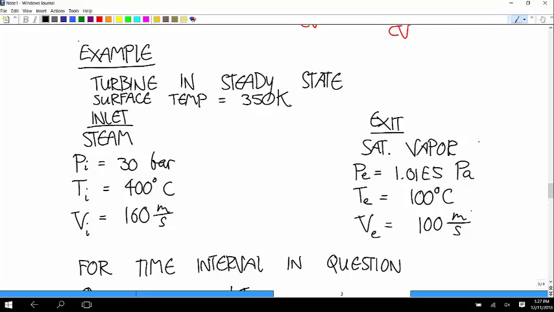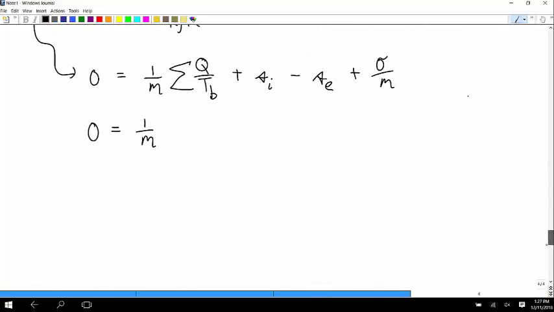Okay, well, we need that surface temperature, because that's the temperature of the boundary where this heat is being lost.